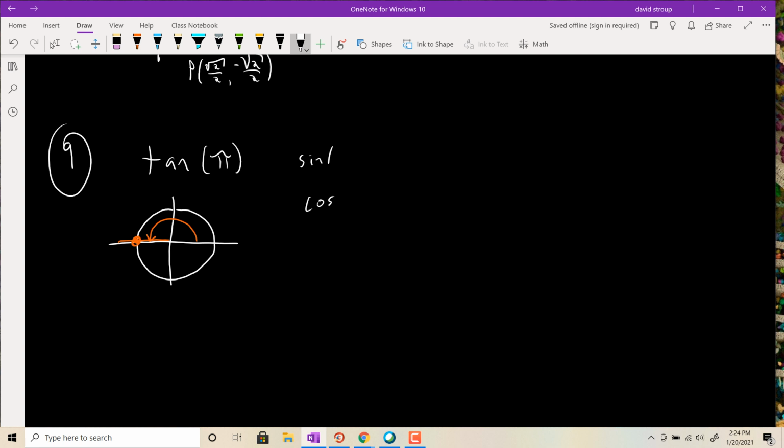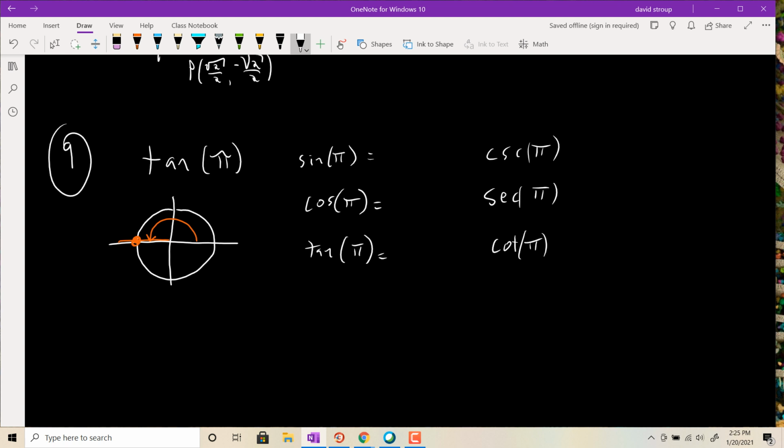So we start with sine of pi, and cosine of pi, and tan of pi, and then cosecant pi, and secant pi, and then cotan pi. And it gets sloppy. Usually I don't put in the parentheses, but sometimes it helps the reader if you put them in.